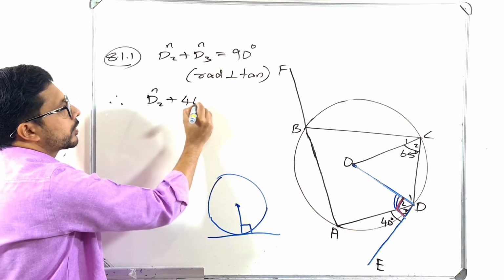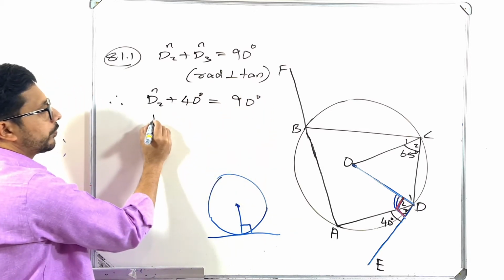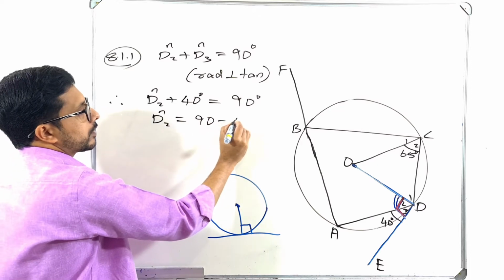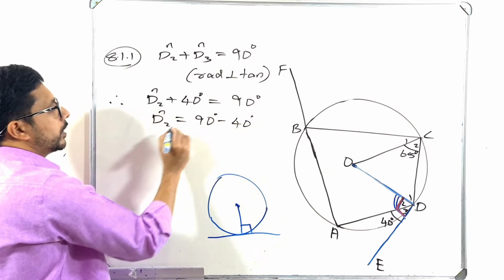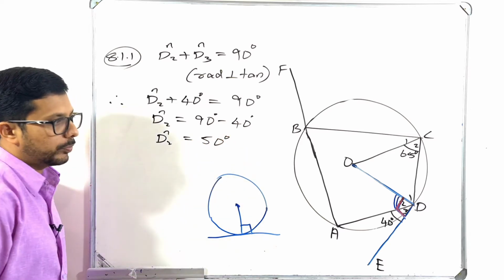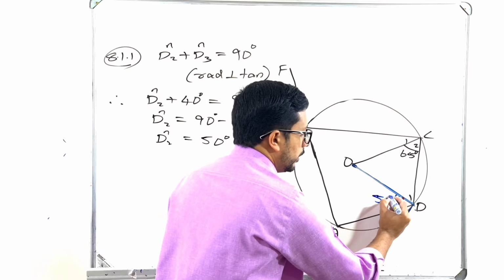So D2 plus 40 degrees is equal to 90 degrees. So from here what is D2? Angle D2 is equal to 90 minus 40. So D2 is equal to 50 degrees. So it means that this angle D2 is 50 degrees.